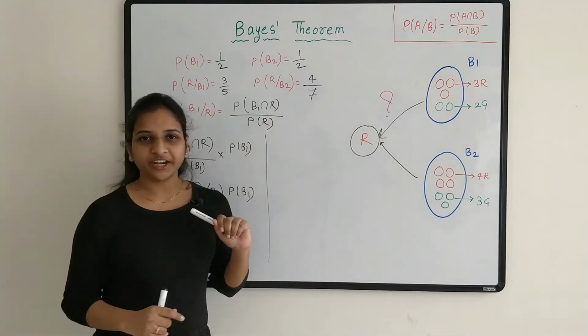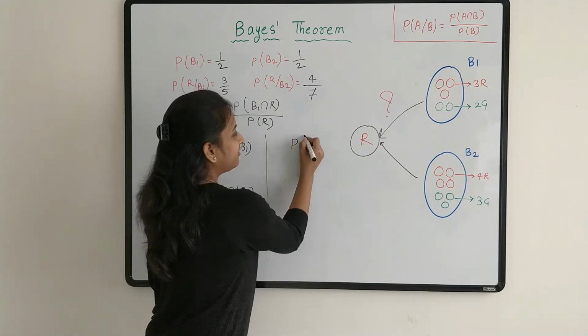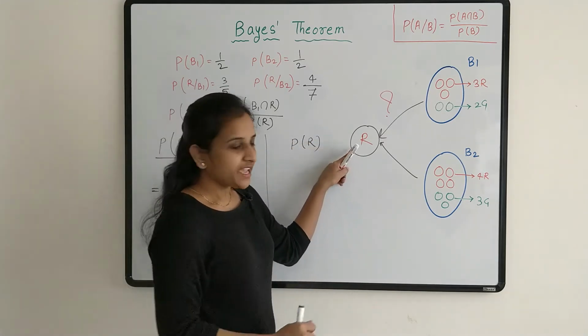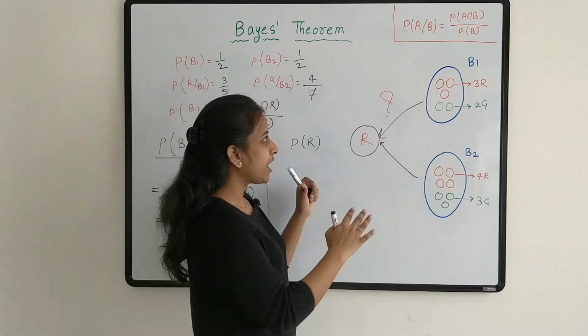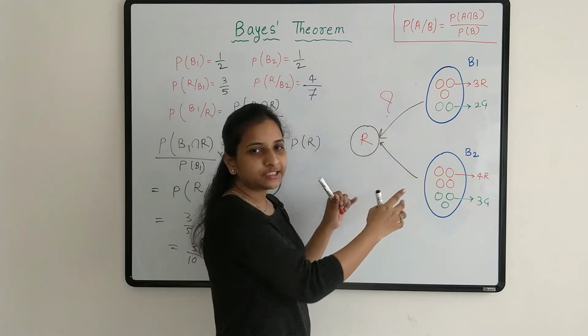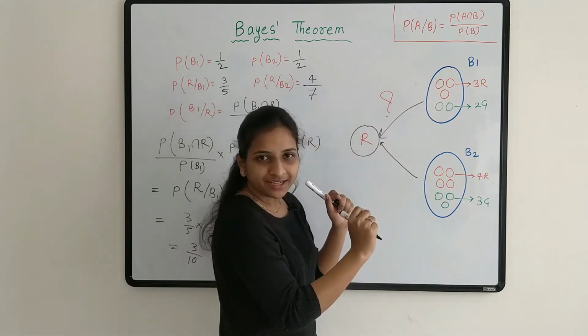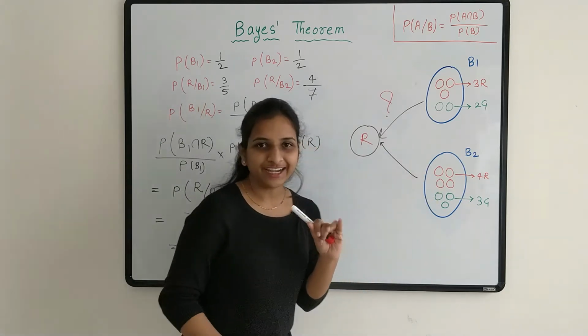Now the denominator term, the probability of a red ball. How to find this? See, a red ball can be selected from bag 1 or bag 2, so we have to add these two probabilities. First we find the probability of a red ball from bag 1 plus the probability of a red ball from bag 2, right?